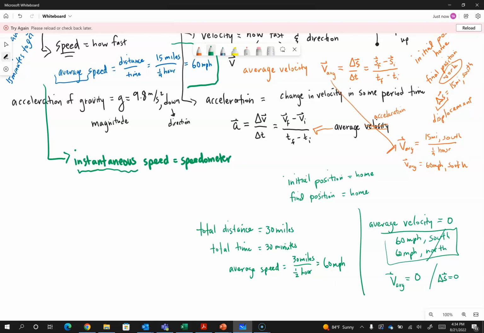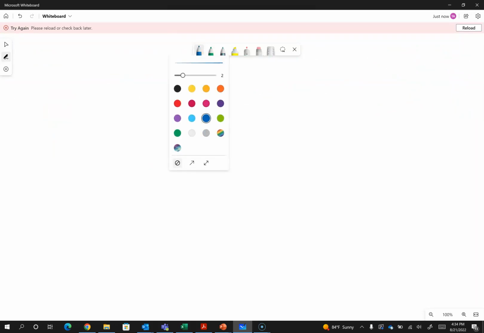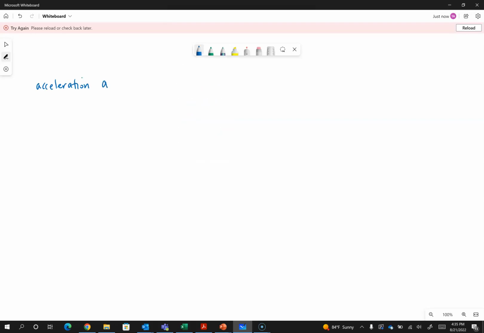So let's get a little extra space here. So in general, acceleration. Again, the physics definition of acceleration is that there is some change in velocity in a period of time.